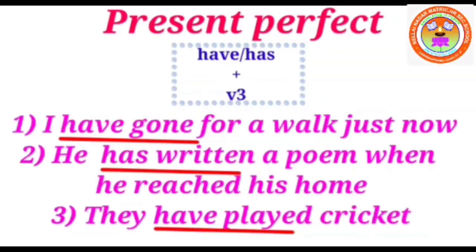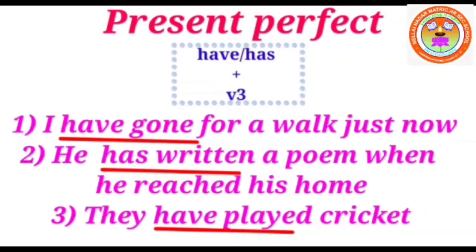I have gone for a walk just now. Look at the verb have gone. Have present, gone V3 perfect. So present perfect. Then second one, he has written a poem when he reached his home.